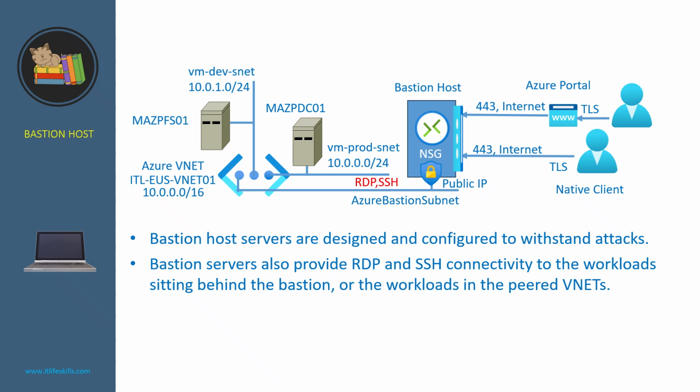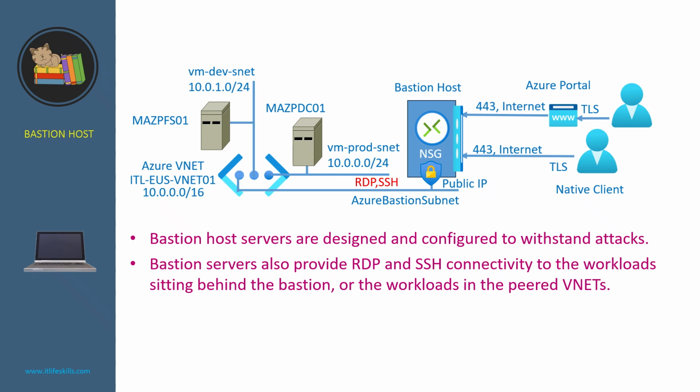In a real production environment, it is not recommended to use public IPs to connect to Azure VM. Instead, we should use Bastion hosts because Bastion host servers are designed and configured to withstand attacks. Bastion host servers also provide RDP and SSH connectivity to the workloads sitting behind the Bastion or the workloads in the peer VNet.